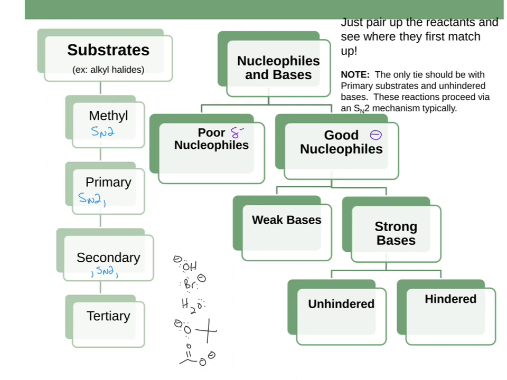So if I want to see an example of a poor nucleophile here, the only poor nucleophile on this list would be water, because all the rest of these have full negative charges. Water only has that partial negative right here. So as an example of a poor nucleophile, I'm going to put water.